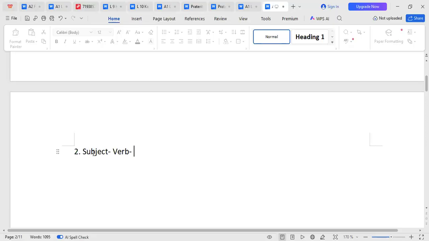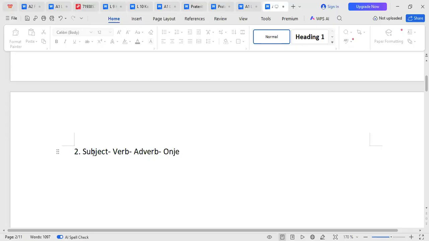Then the object. The object goes last here. Adverbs, that are adverb of time, adverb of manner, and then object.